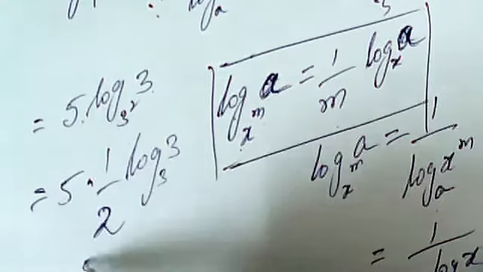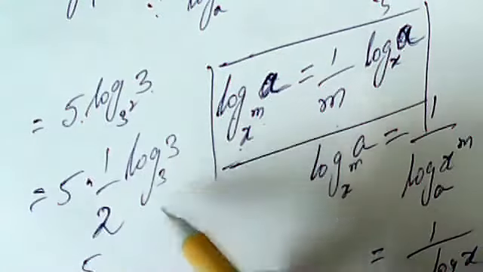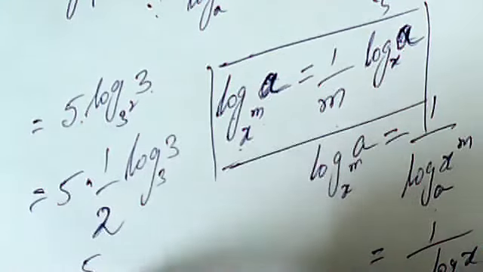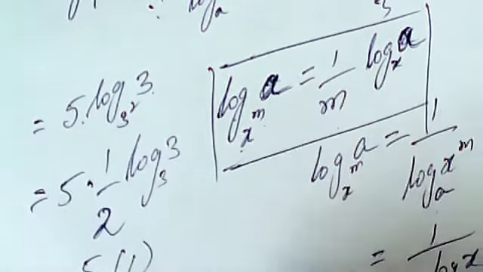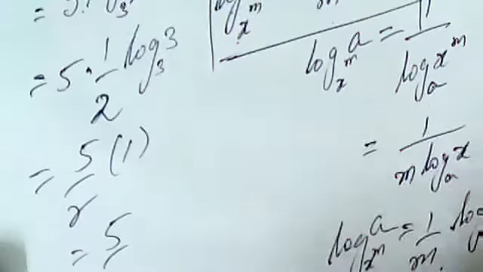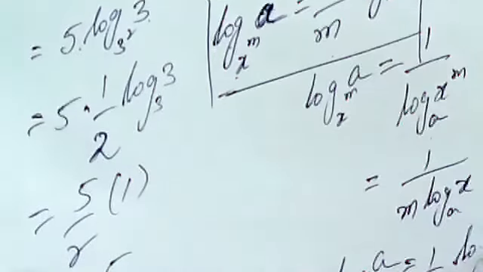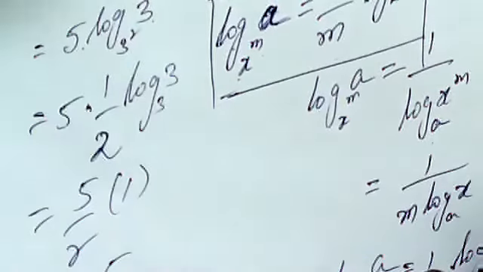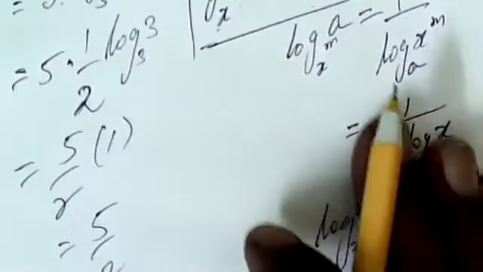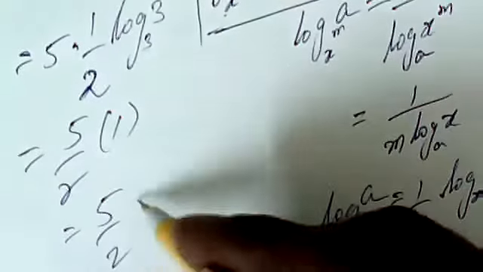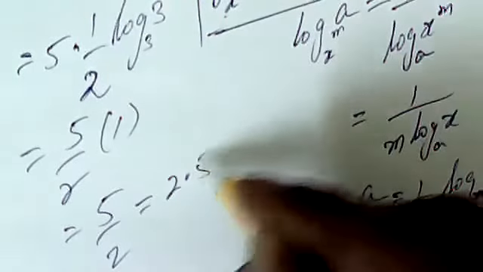Now we get 5 upon 2 into log of 3 to base 3. The log a to base a is 1, so this is 1. It is nothing but 5 upon 2, which gives us the answer equals 2.5.